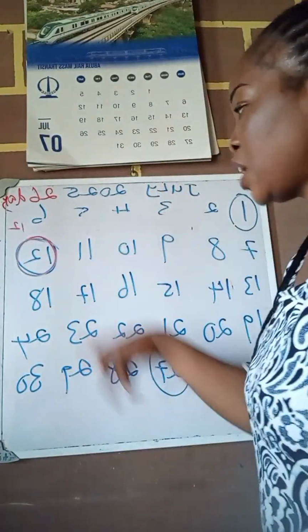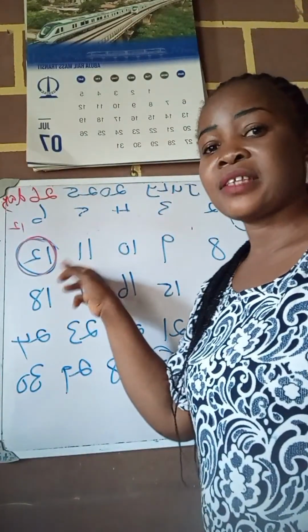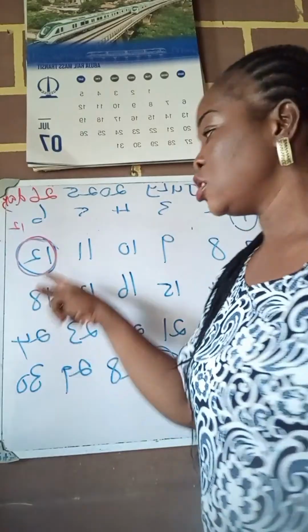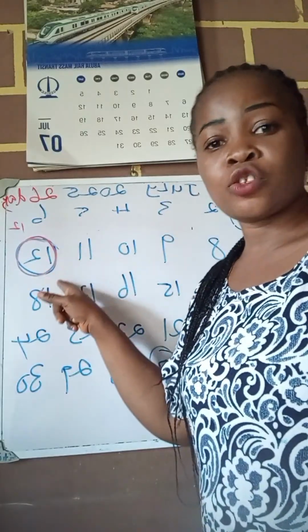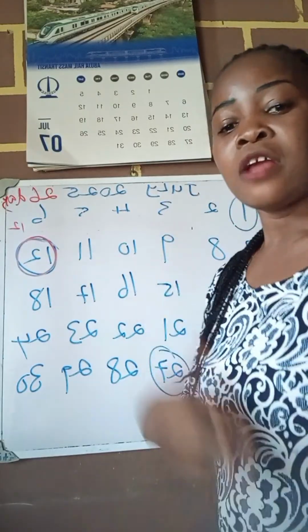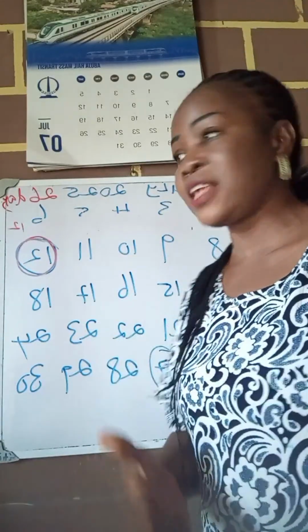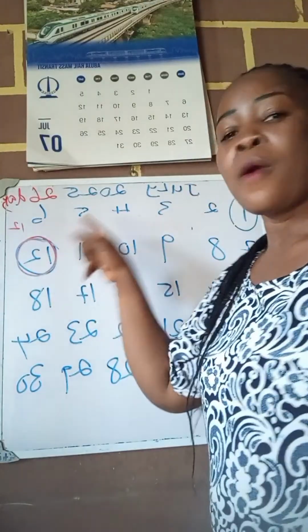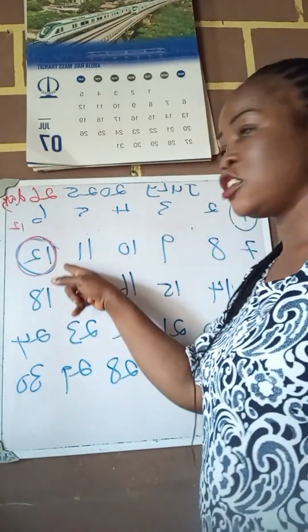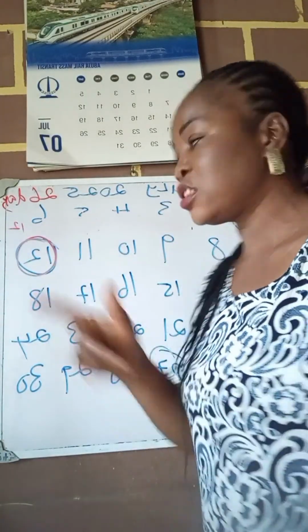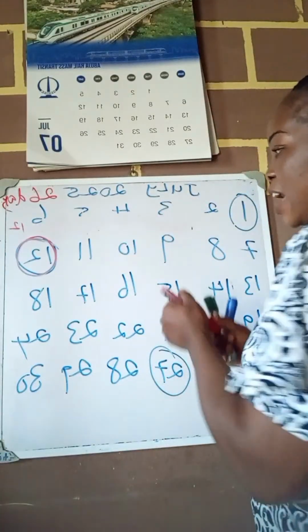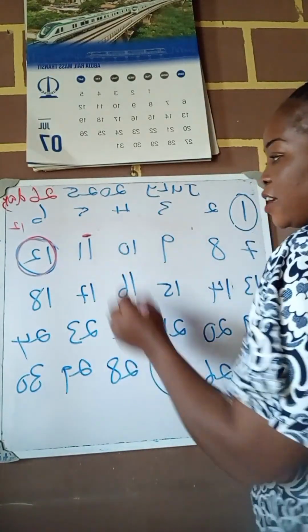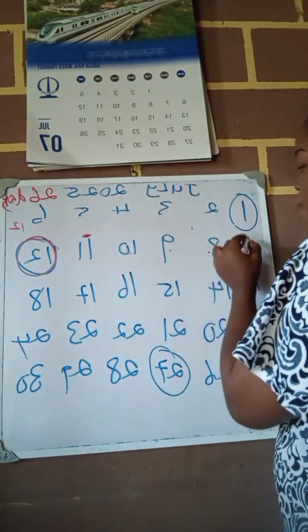Now, we have established that her egg will drop on the 12th of July. So her fertile period is 12 plus 5 days before this 12. And 5 days before this 12 includes 11. So she's fertile here. 1, 2, 3, 4, 5.